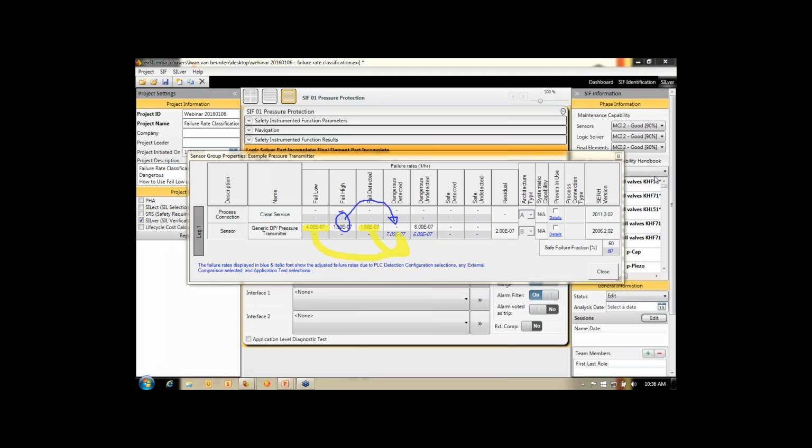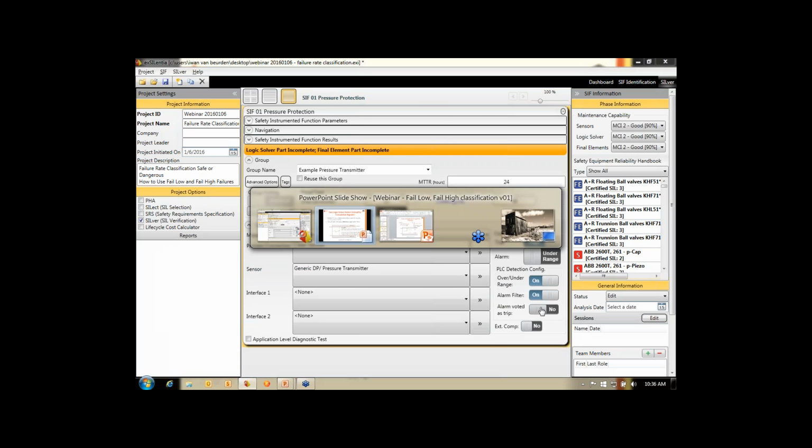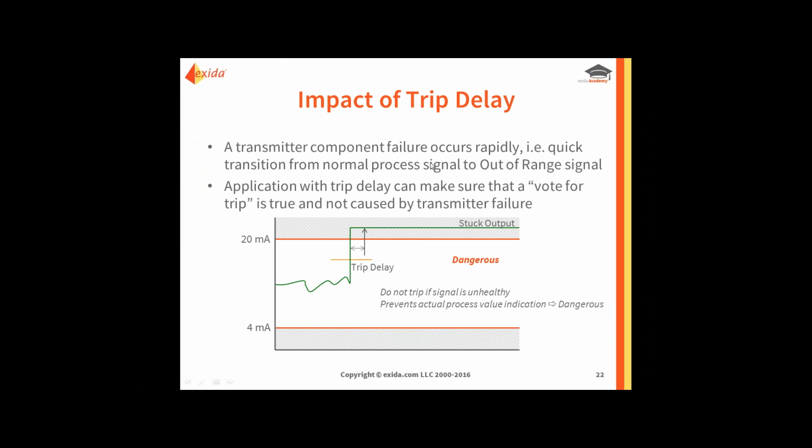We want to flag that as an unhealthy transmitter and continue to operate. So 4 plus 1.5 plus 1.5 is 7. Is now the classification of the failure rates. And finally, based on your operating, so we go back to the slide. Sorry, that's your trip delay accounting. So the previously safe failure is now considered dangerous.